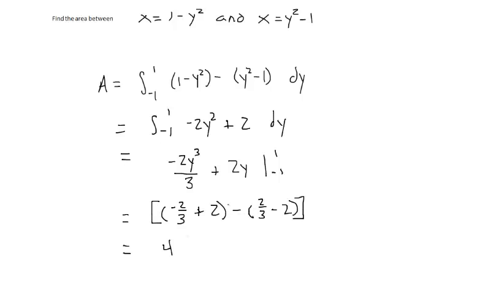And then we also have negative 2/3 minus 2/3, so minus 4/3. And we end up with 8/3, because 4 can be written as 12/3. 12 minus 4 is 8, so 8/3 units squared. And that's all for this video on area between curves.